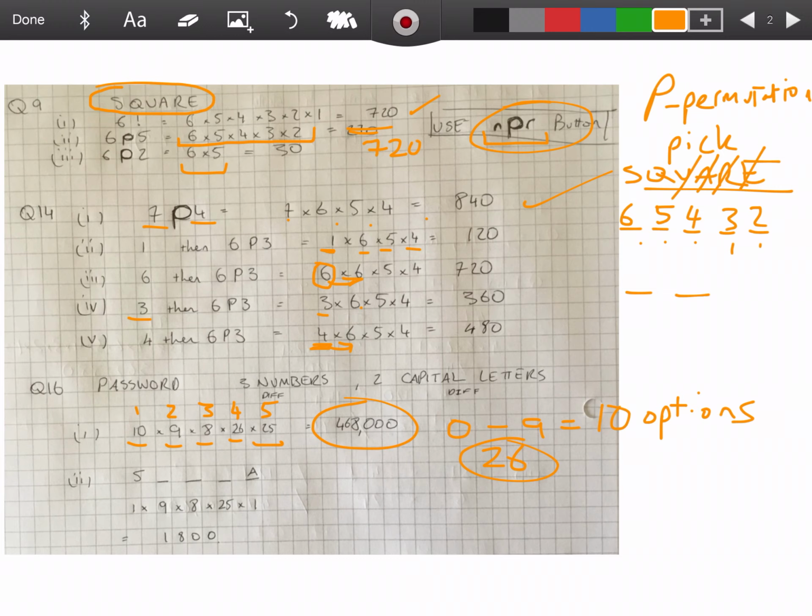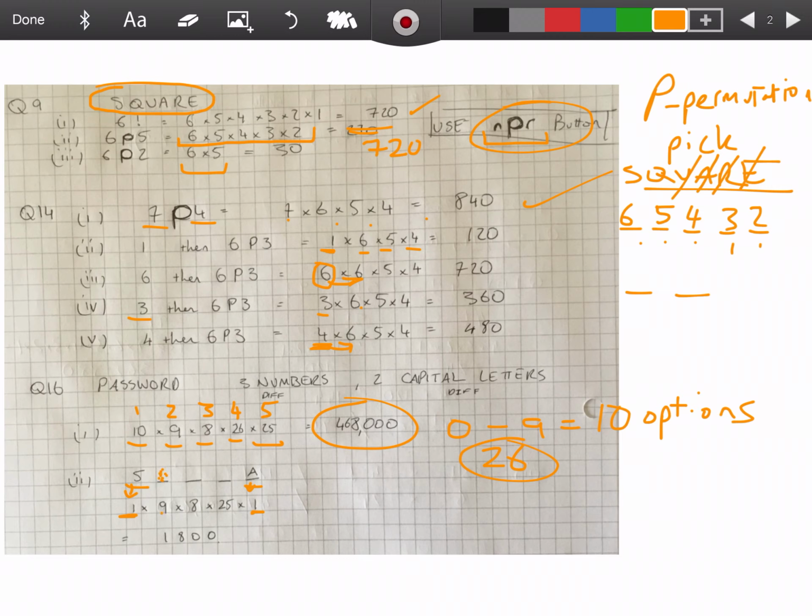The last part of this problem then says Ian forgets his password but knows that the first number is 5 and that the last letter is A. So how many different passwords fit in here? So again, you know that 5 has to be at the start, so that's why there's a 1 there. You know that A has to be at the end, so that's why there's a 1 there. And then we have all the different options in the middle. So there's 9 options, because I can't pick 5 to put in here.